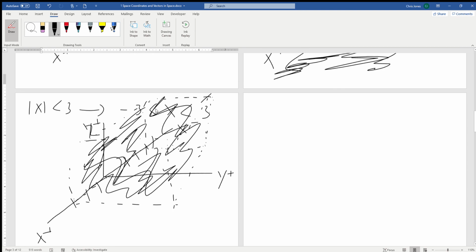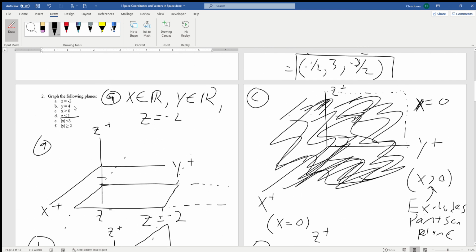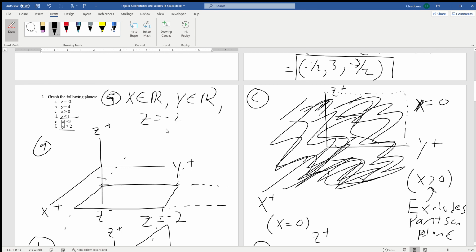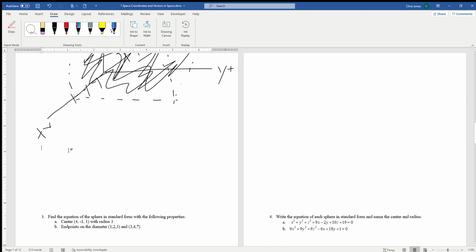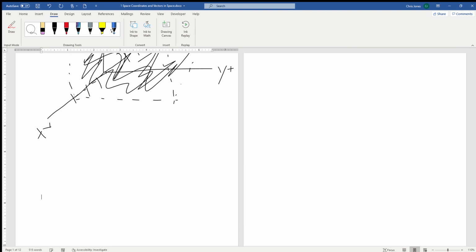Right. The last thing that we're asked to graph is absolute y greater than or equal to 2. So if we graph that, first of all, we might want to interpret that. And what that means is that y is less than or equal to -2, or y is greater than or equal to 2.